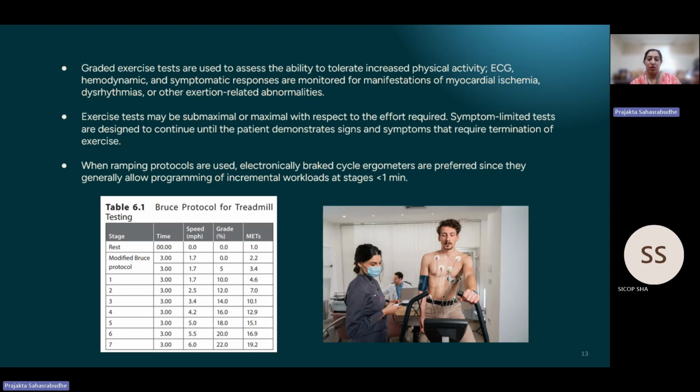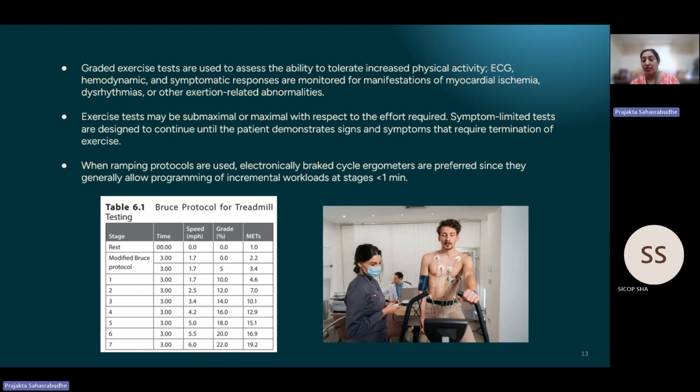We have to do a graded maximal test and find out the actual HR max of the patient. Because if they have latent disease where coronary arteries are blocked, the patient may have a much lower HR max. So their tolerance level is going to be much lower. So this is just the predicted HR max, which we calculate on the basis of 220 minus age.